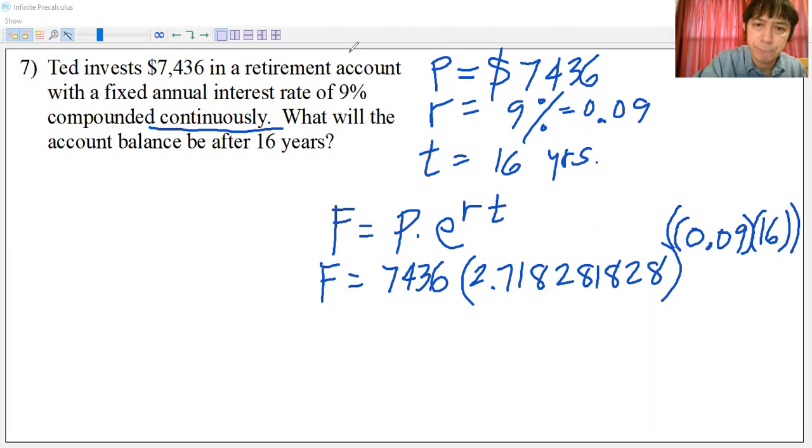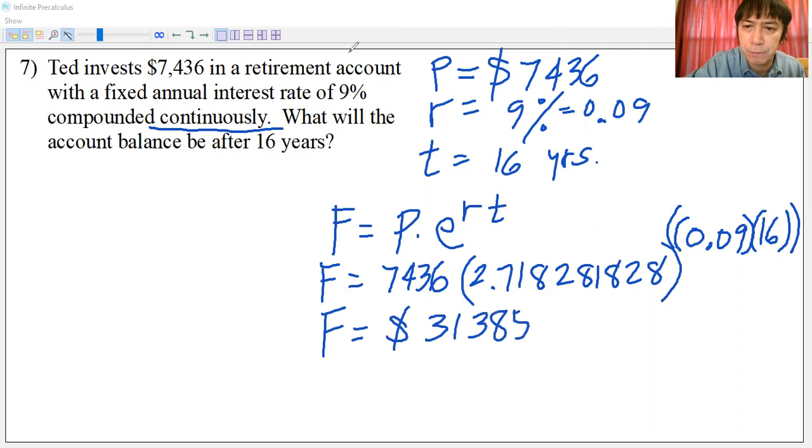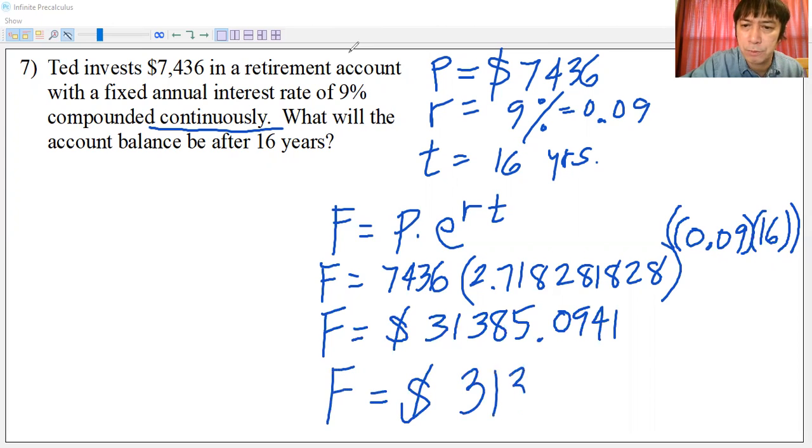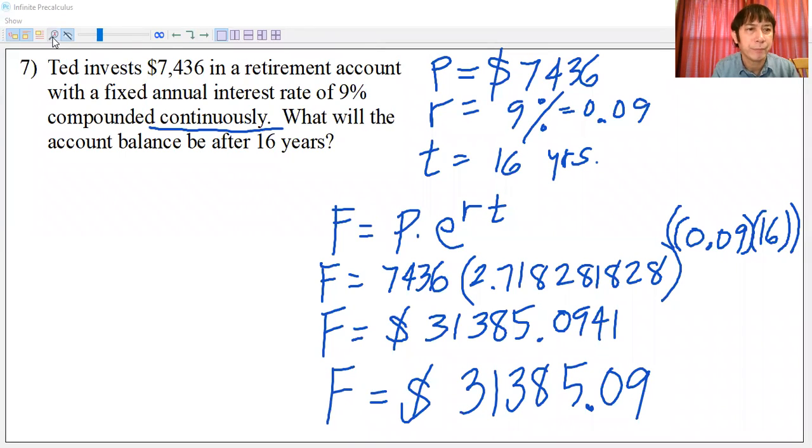That will be 31,385.0941 in dollars. You can round that to 31,385 and 9 cents. Let's check and verify.